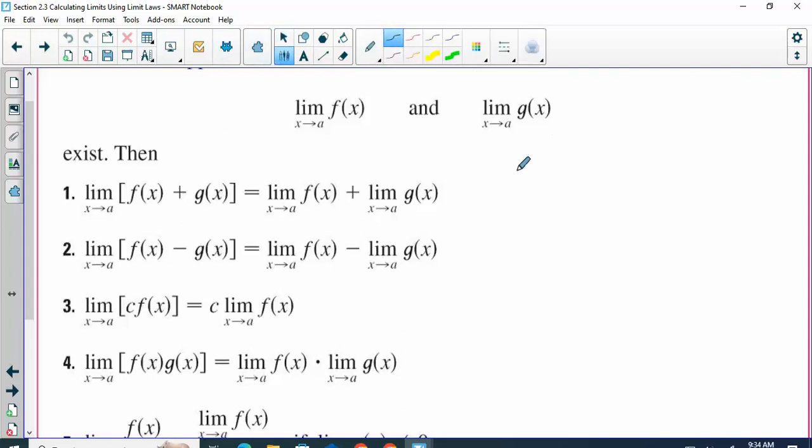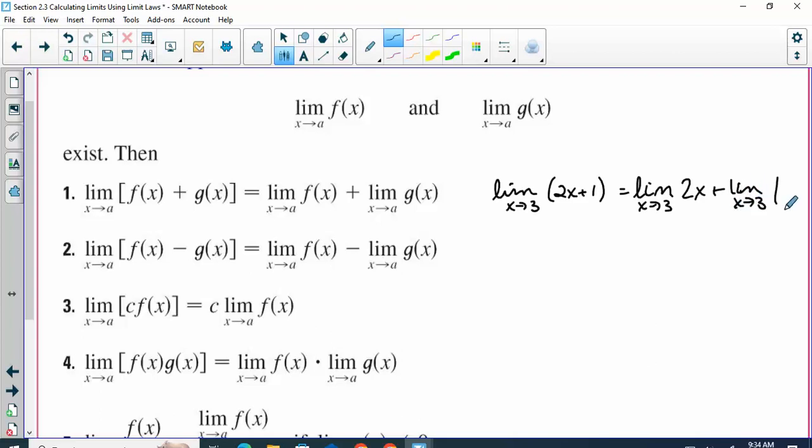That's like saying if I had the limit as x approaches 3 of 2x plus 1, you could do the limit as x approaches 3 of 2x plus the limit as x approaches 3 of 1.